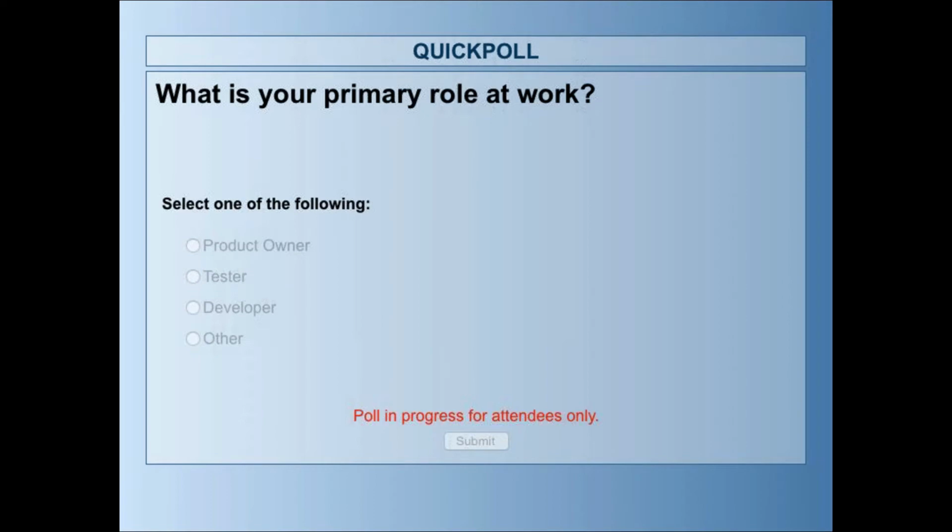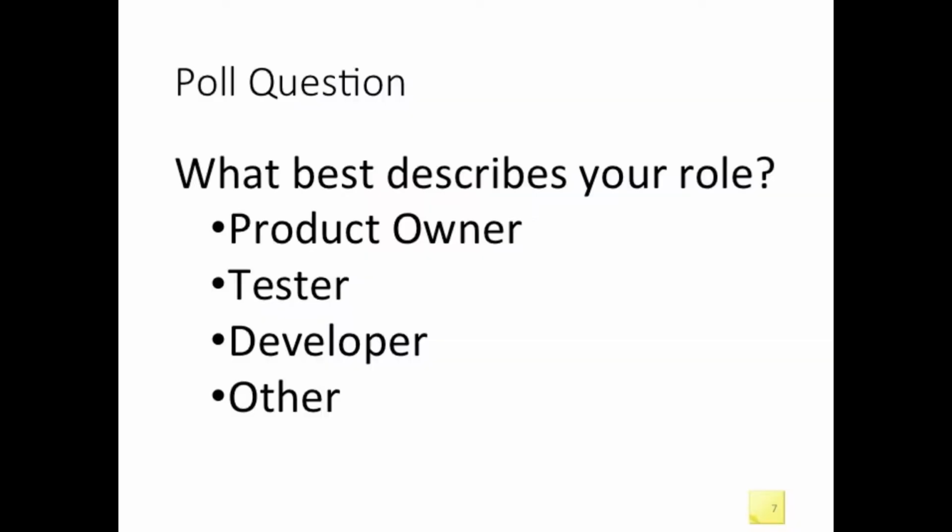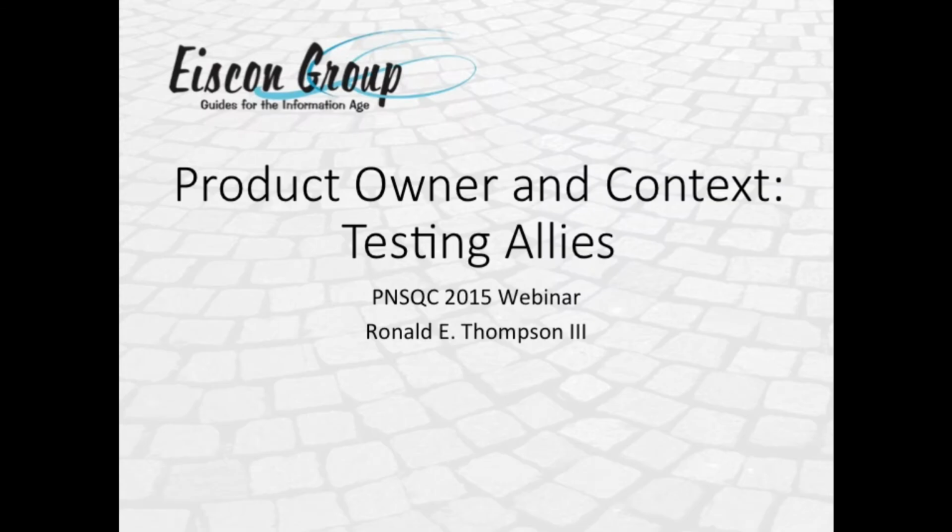Great. Testers are the predominant role, and then the rest of them are spread out evenly. Mostly 50% testers, so that's interesting. Great. I'm going to close the poll, and so we had 50% testers, Ron. Great, great. Any product owners in the group? We had a couple of product owners. Wonderful, wonderful.